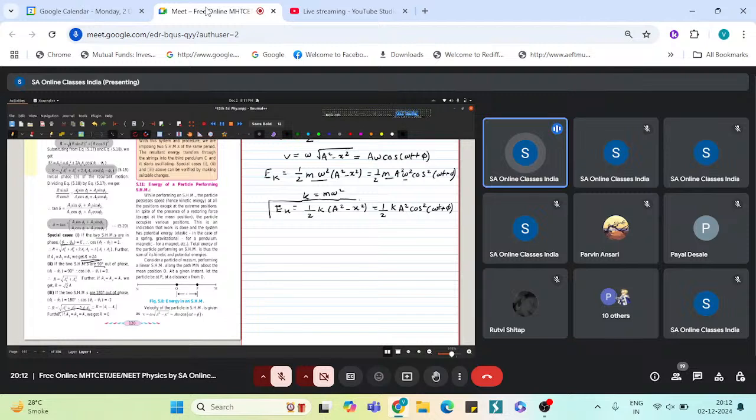This is the easiest derivation for kinetic energy. Just one step, you just have to use the half mv square formula, and this is again a very important equation. You have to remember EK is equal to half k (a square minus x square).